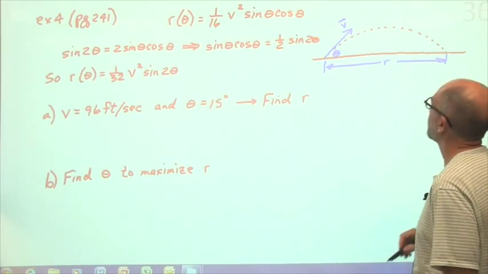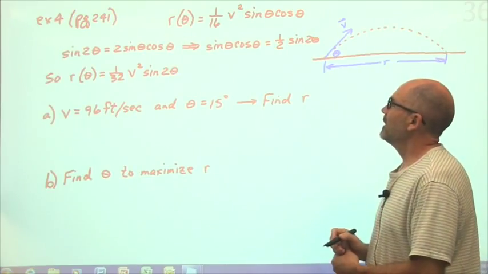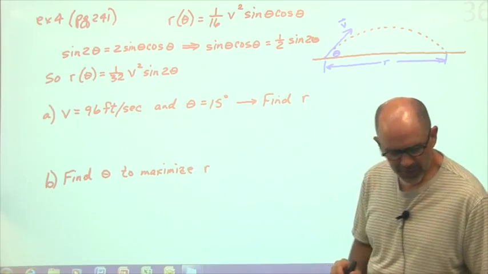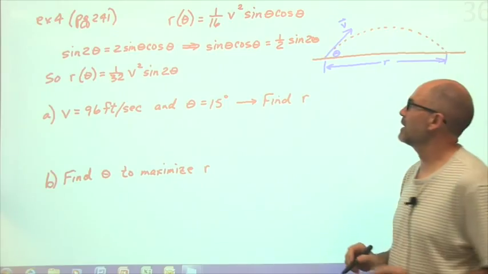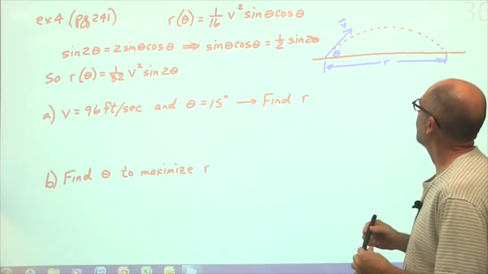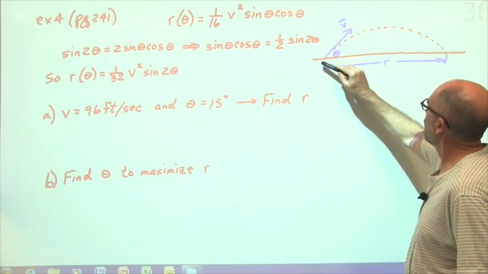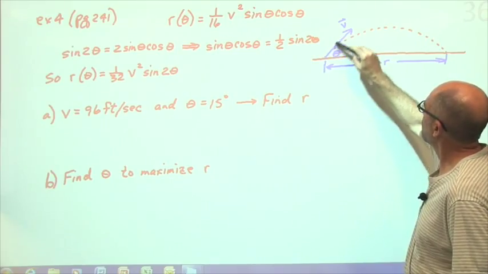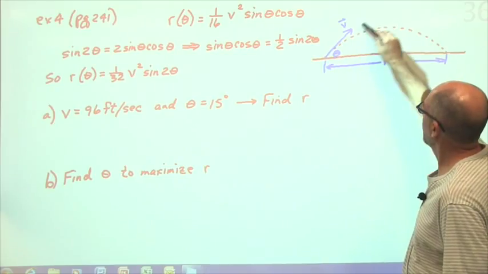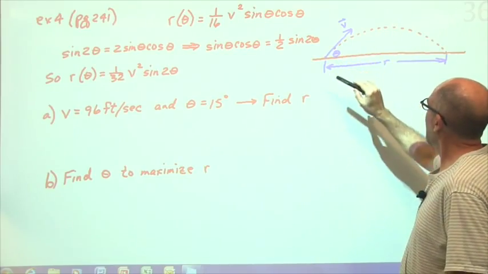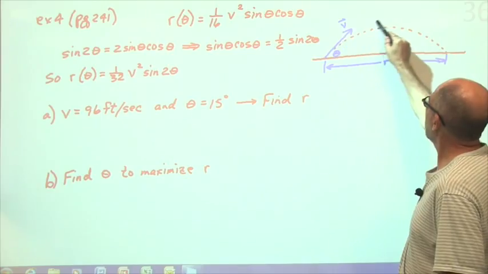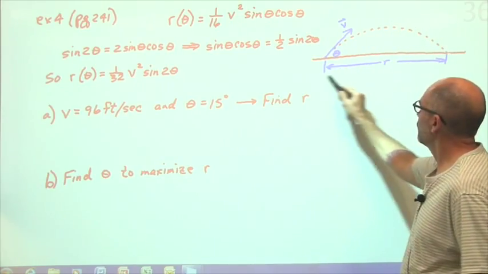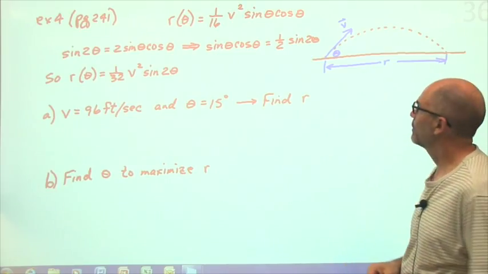Okay, one more. This is example 4 on page 241, and this is similar to what you guys have done in physics. We've got a projectile, and the projectile gets tossed upward at some angle. And it's going to go up in a parabolic motion, come back down. The distance it's going to cover is r for range.